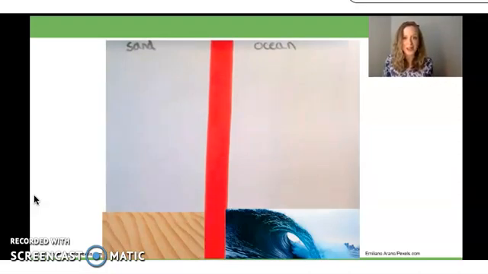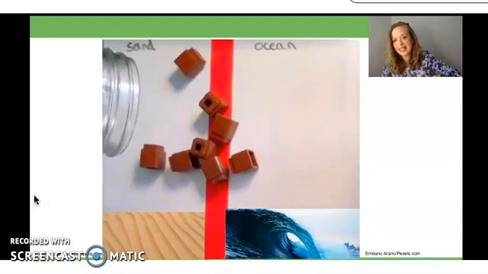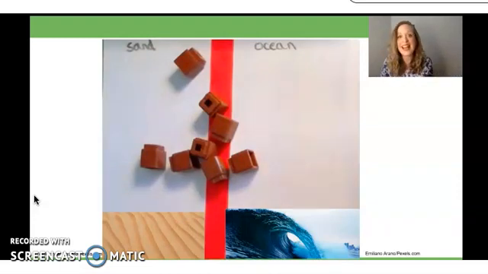Well, for our game, we're going to shake our space rocks, pour them over sand and the ocean, and then we'll see how many space rocks are in the sand and how many are in the ocean.